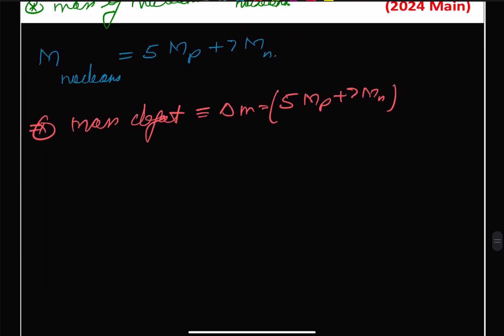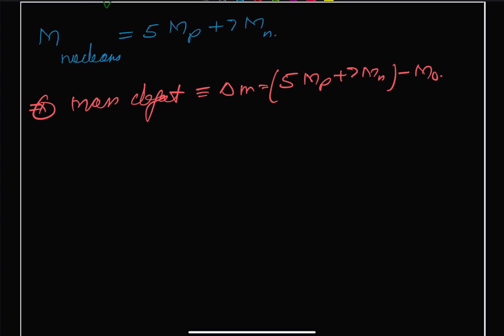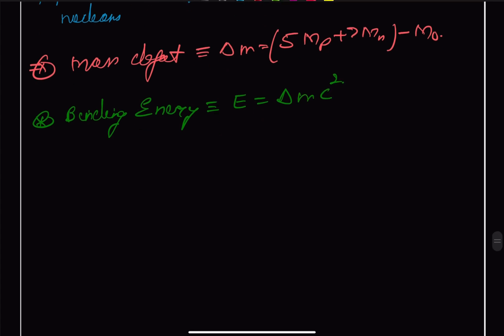So this comes as minus M naught. Therefore our binding energy E is equal to delta M multiplied by C square.